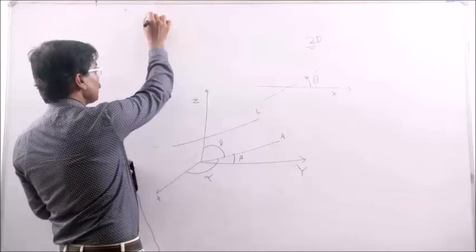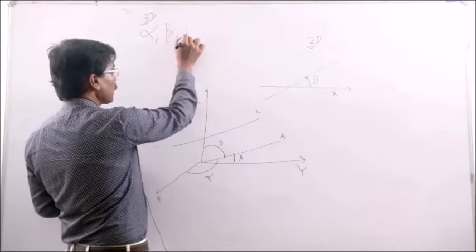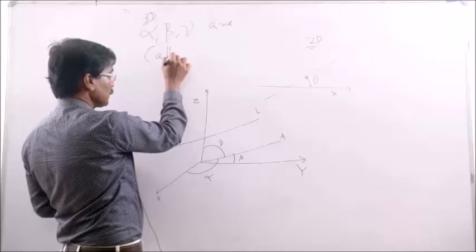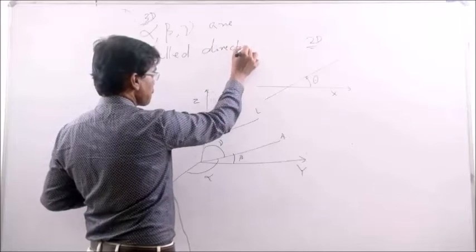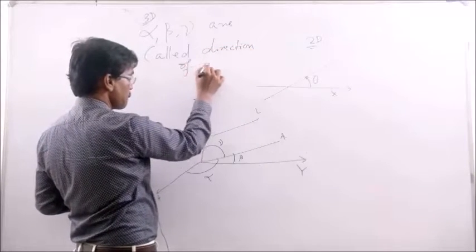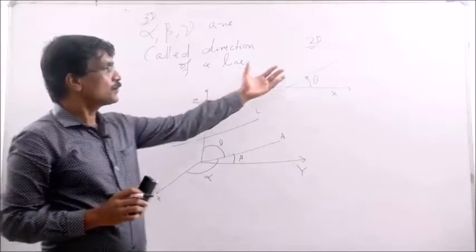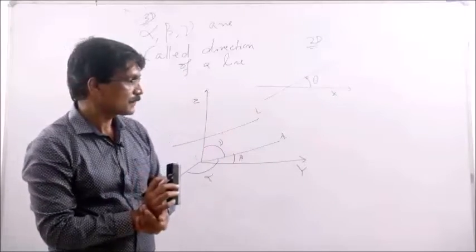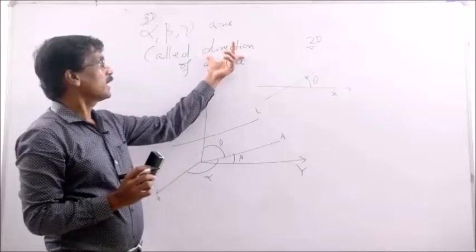So, in 3 dimension alpha, beta, gamma are called the direction of a line, whereas in 2 dimension it is called the angle of inclination. So, the angle of inclination in 3 dimension is called direction.